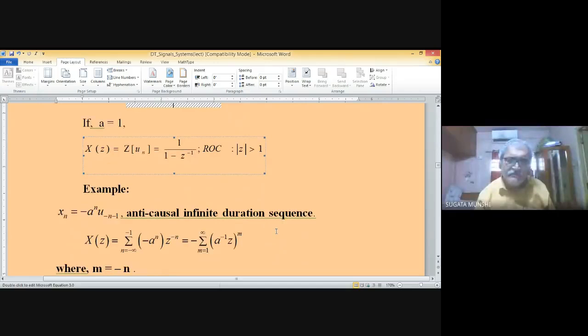Next is that anti-causal infinite duration sequence. Remember that both of these sequences, causal and anti-causal, have infinite duration. We will also have a look at finite duration sequences: finite duration causal sequences, finite duration anti-causal sequences, and finite duration two-sided sequences.